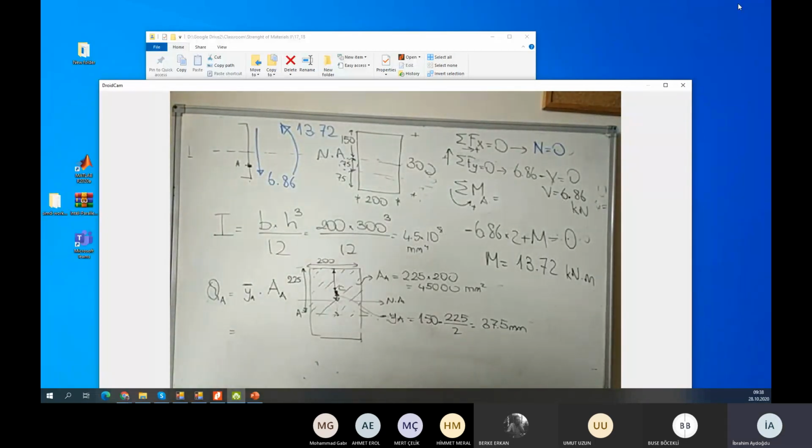QA is equal to 45,000 times 37.5. I need a calculator.